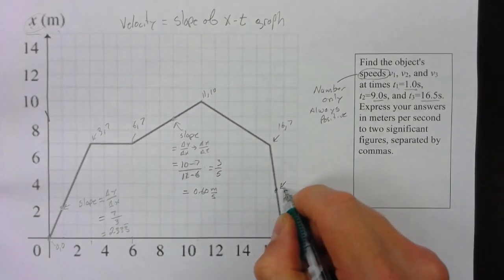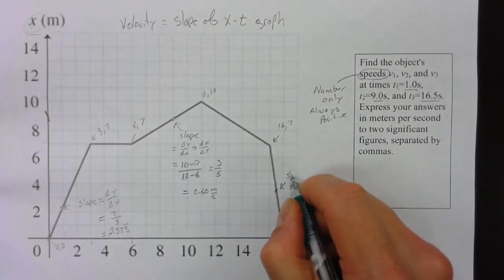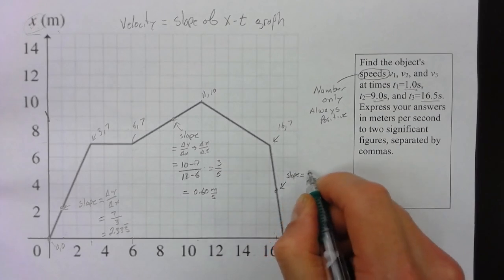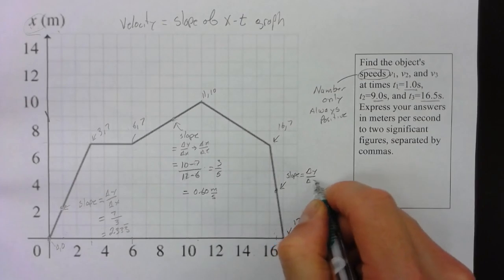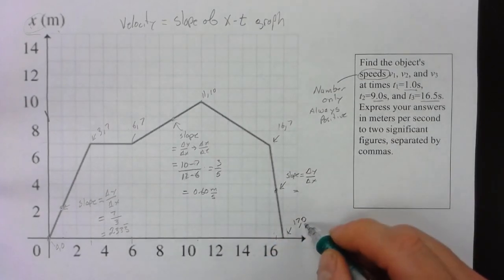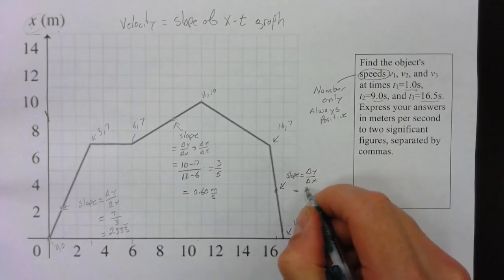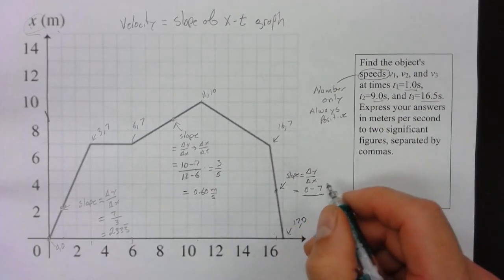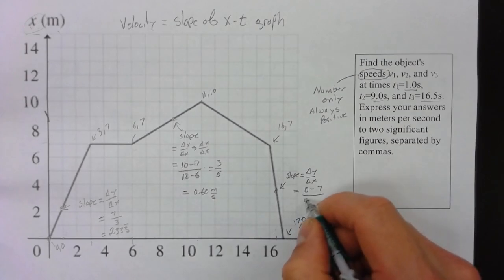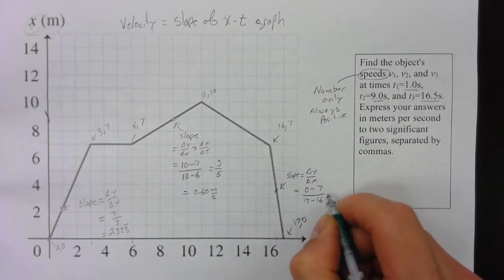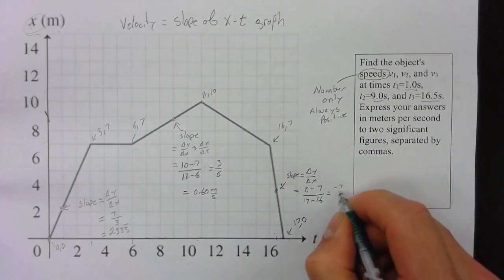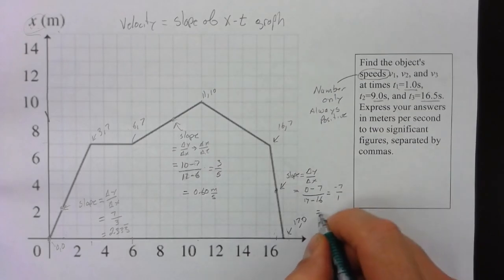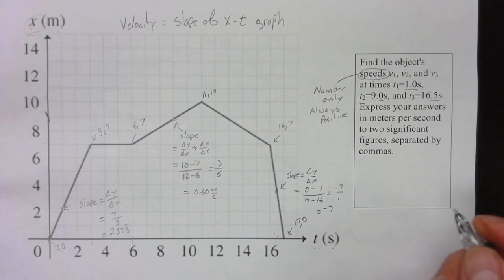So its slope is the change in the y-axis over the change in the x-axis, and the y's, it says 0 minus 7, and the x's is 17 minus 16, and that gives us negative 7 over 1, which is negative 7, right?